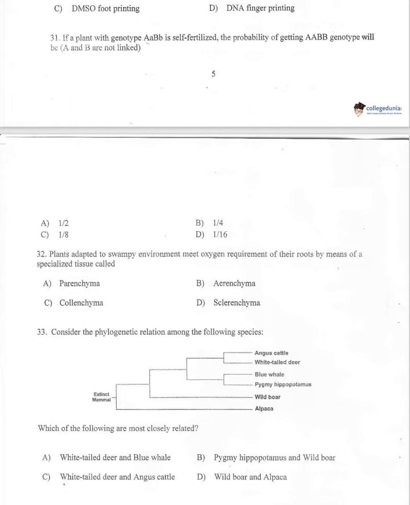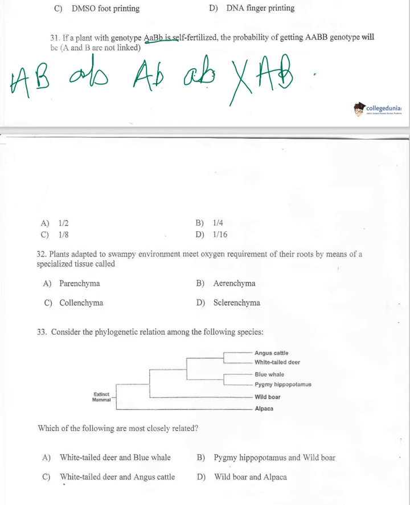So when there is this fertilization, the resulting gametes will have the genotypes AB, Ab, aB, and ab. When it is self-fertilized, the same gametes will be there.